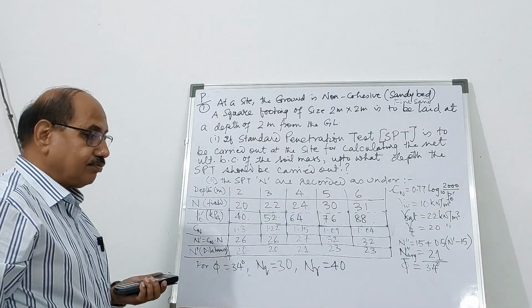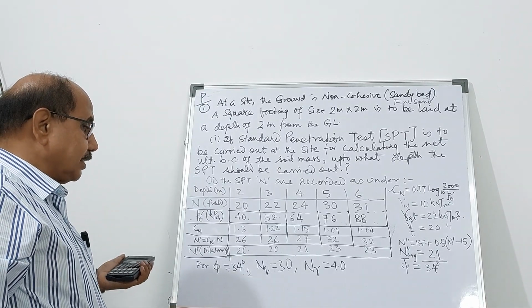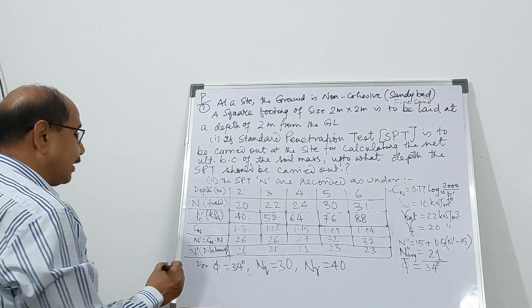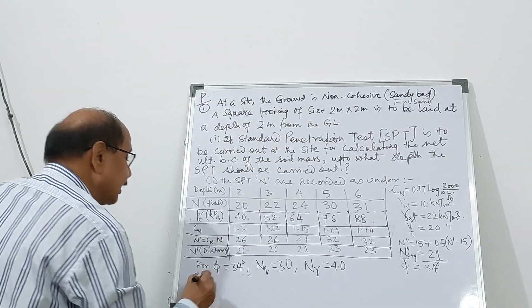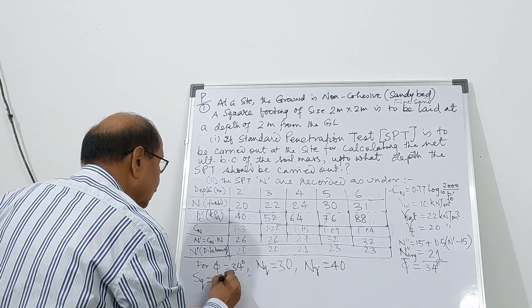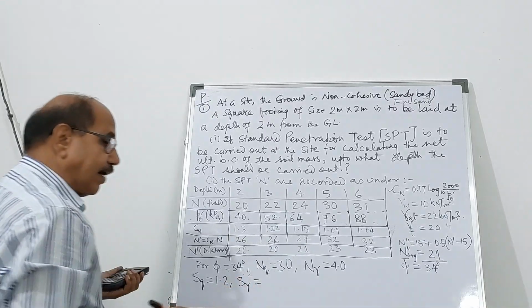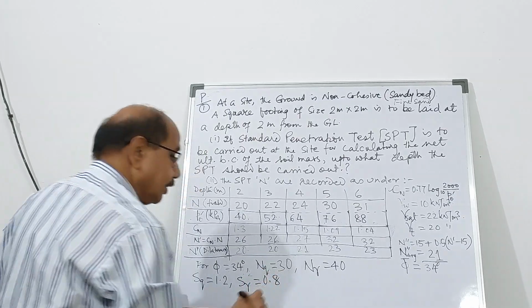Because it is a square footing, you can find out the shape factors. For a square footing, the shape factor SQ is going to be 1.2, and S gamma, another shape factor, is going to be 0.8.